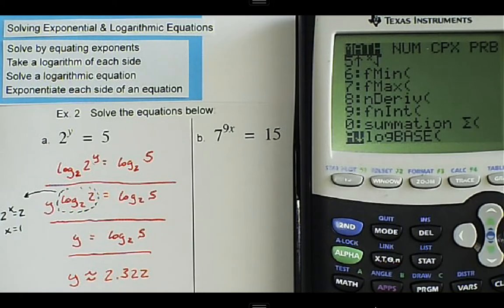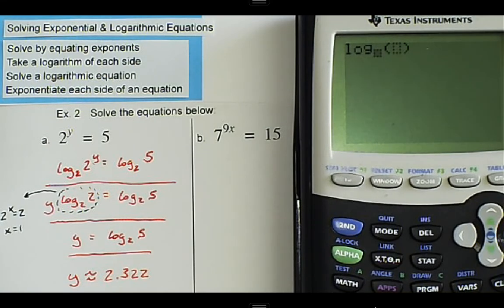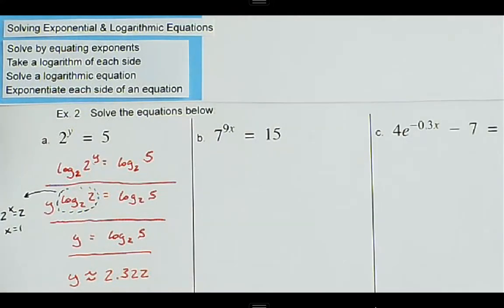Right there, log base, we hit enter, and then we can put whatever value we want. In that case, we want the log base to be 2, and we're taking the log of 5, and we get about 2.3219, so we're going to round that, approximate it.